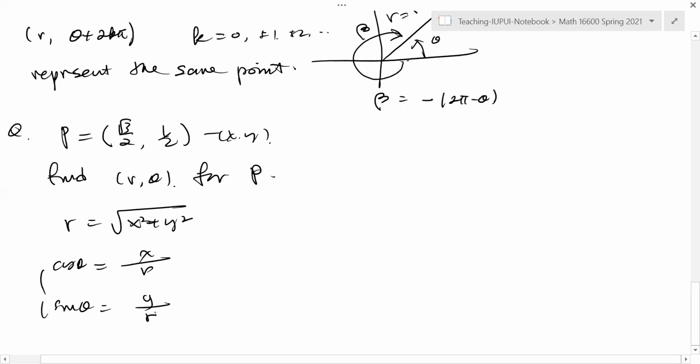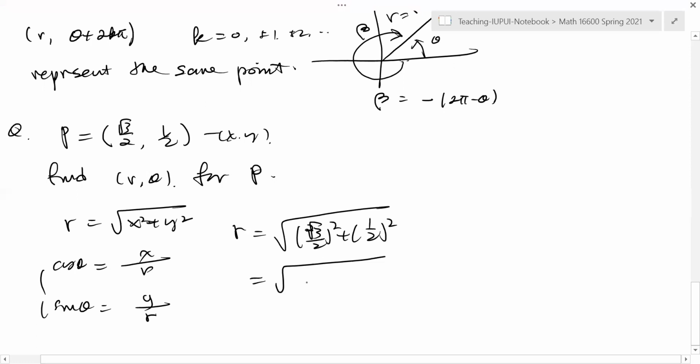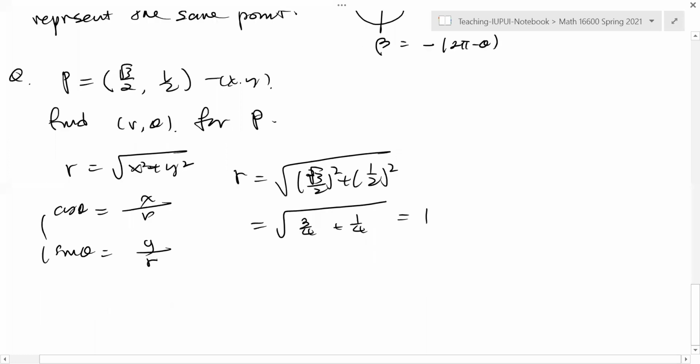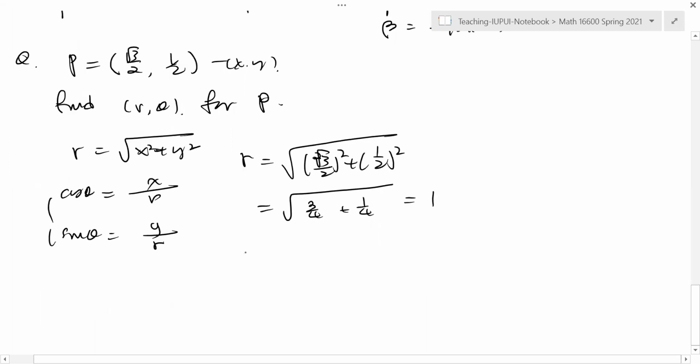So r equals the square root of square root of 3 over 2 squared plus 1/2 squared. That's going to be 3 over 4 plus 1 over 4, which is just 1. So now all you have to do is determine the angle.